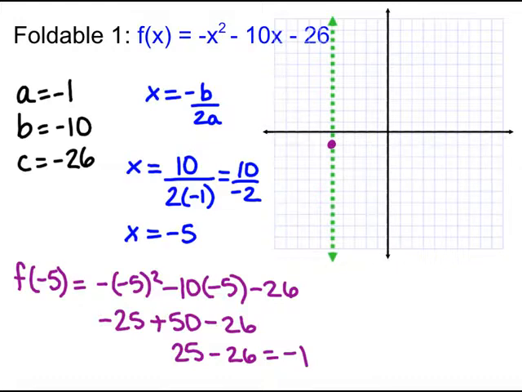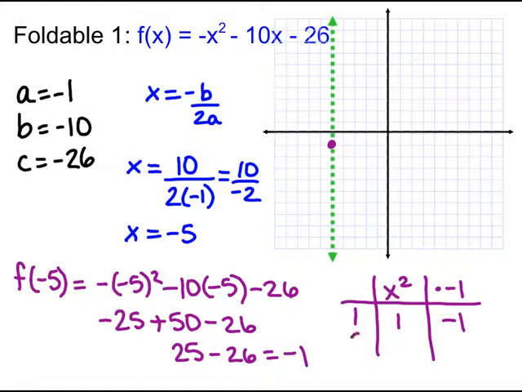Once I have that, you can create a table. We use our transformation to help us out. We're going to transform it by moving one right and one left. So we square those numbers, which is 1, and we multiply by a, which is negative 1. I'm going to do the same thing with 2. 2 squared is 4, times negative 1 is negative 4.